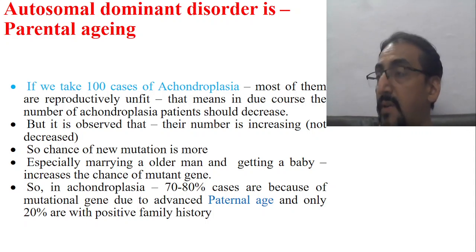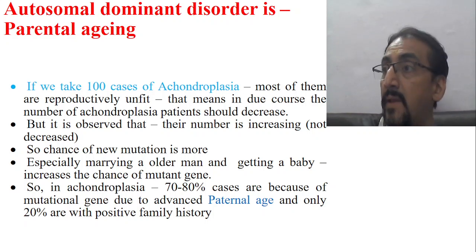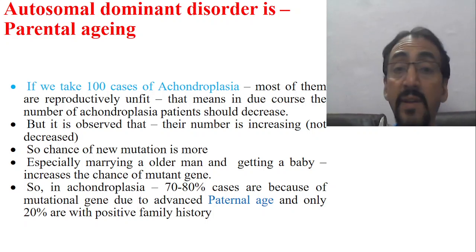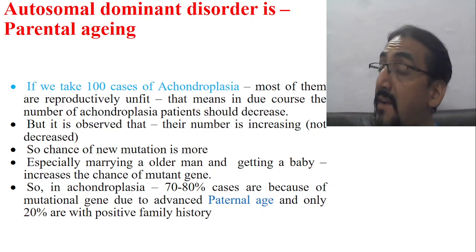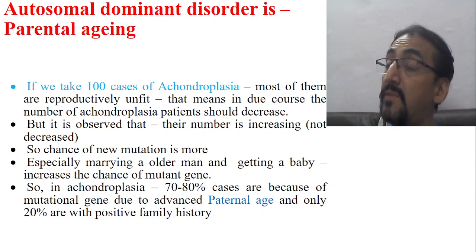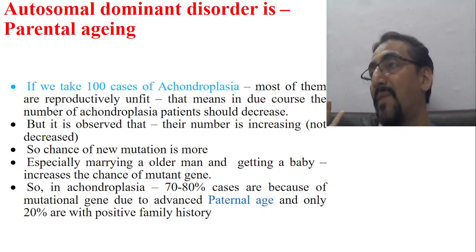If the father's age is more, then because of the age factor, there may be some changes in the genes of the father, in the gene which is responsible here. What is that? FGFR3 gene. The chance of undergoing some changes in that gene is more, and probably that is producing the achondroplasia.